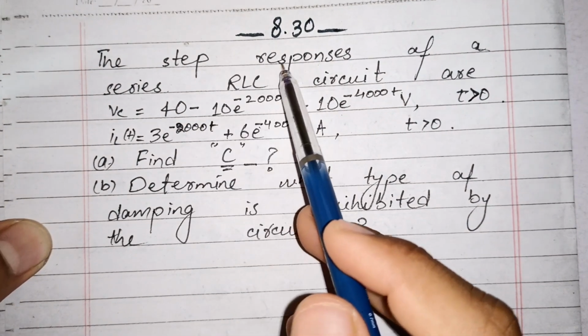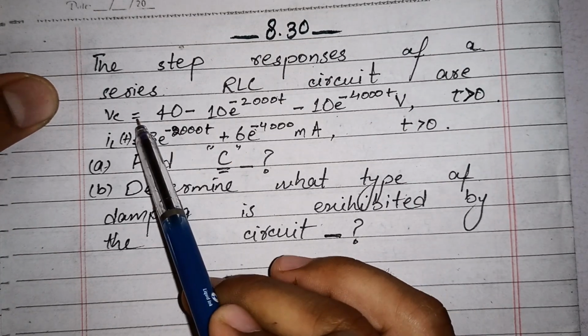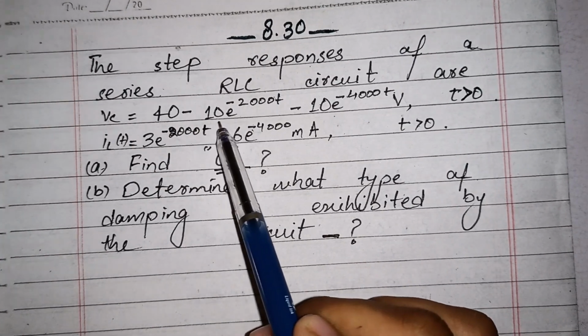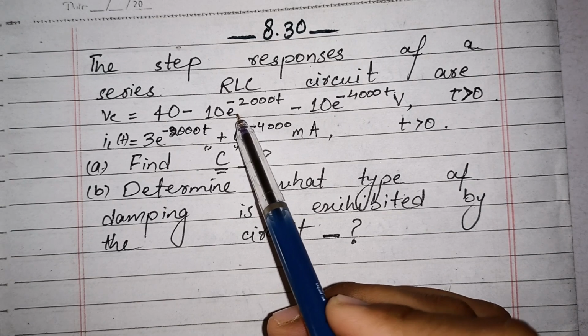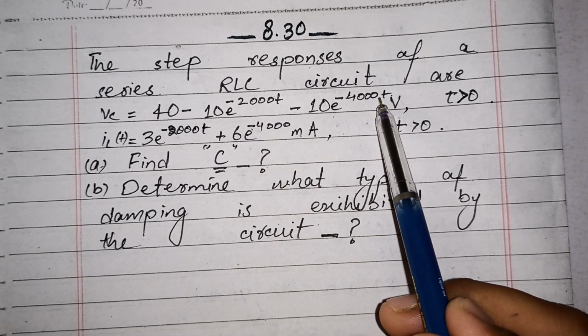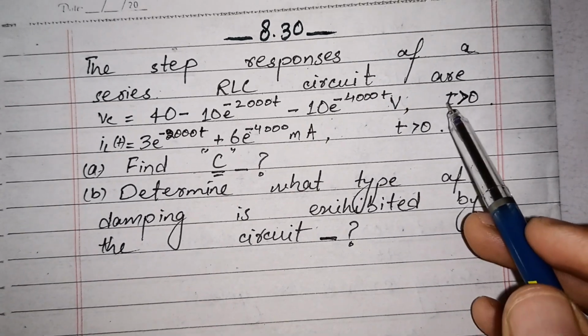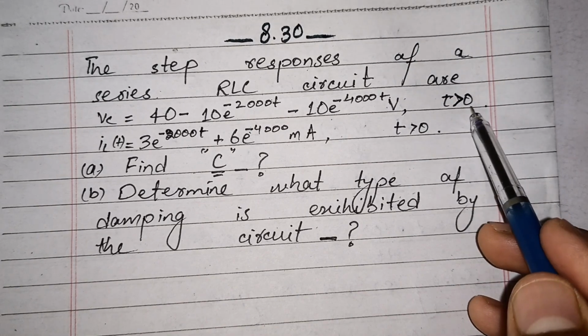The step responses of a series RLC circuit are Vc is equal to 40 minus 10 e raised to power minus 2000 t minus 10 e raised to power minus 4000 t volt at t greater than 0.